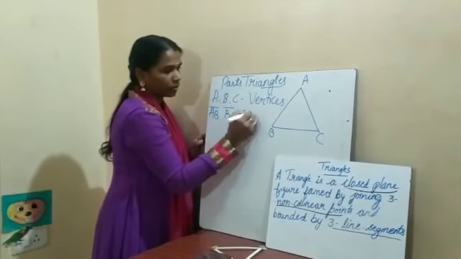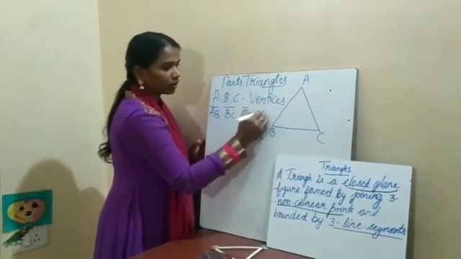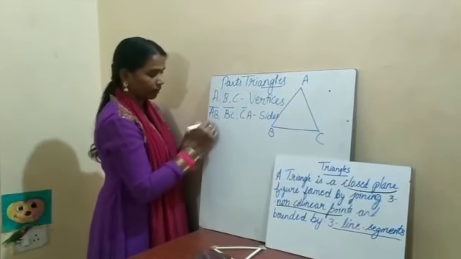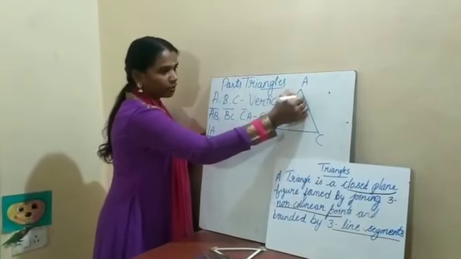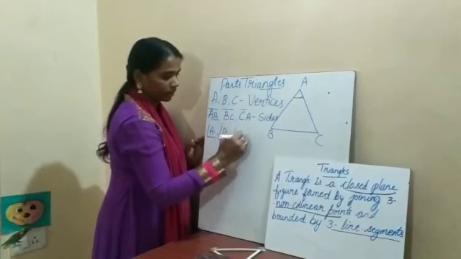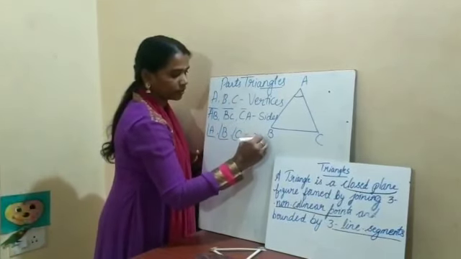And CA. These are the three line segments or the three sides. Next, angle A, which I am mentioning here, and angle B and angle C. These are the three angles.